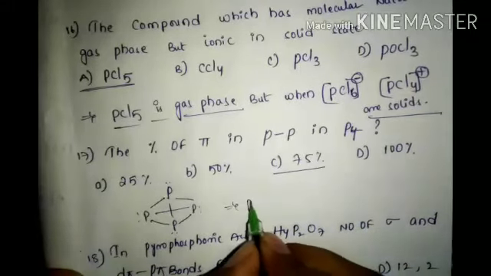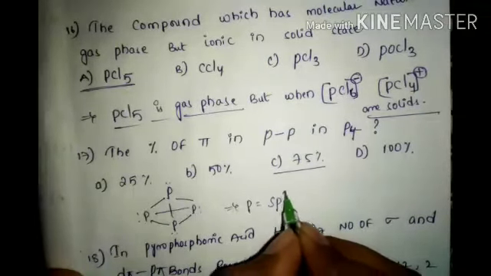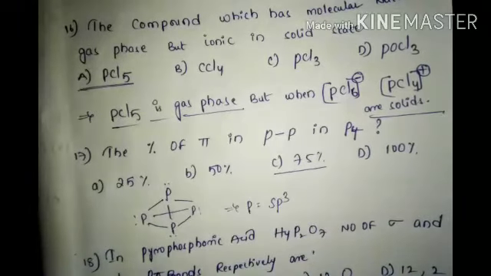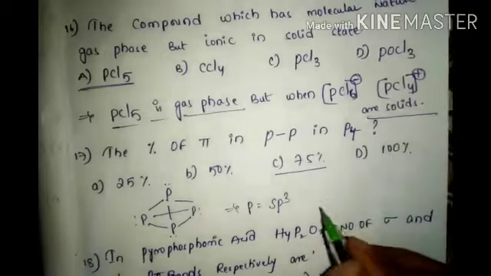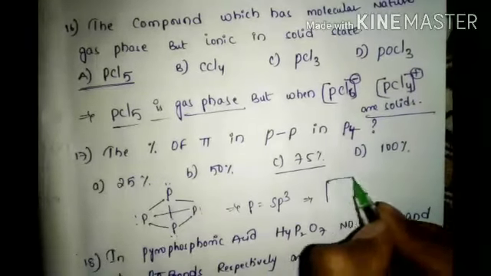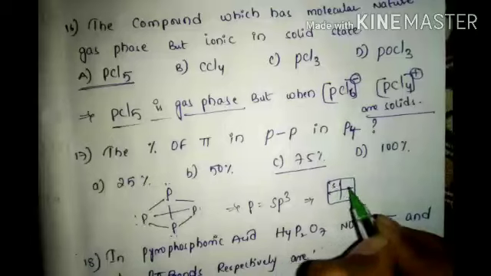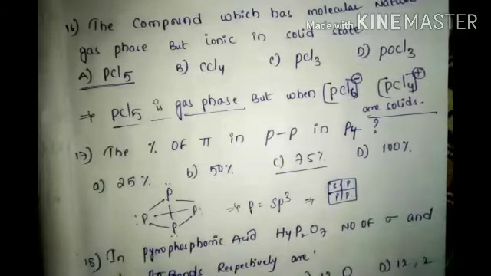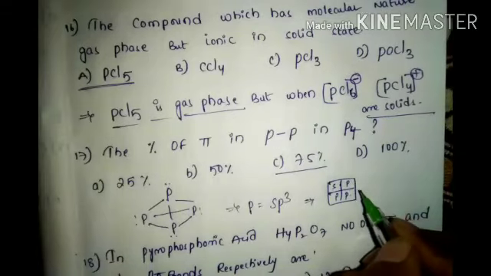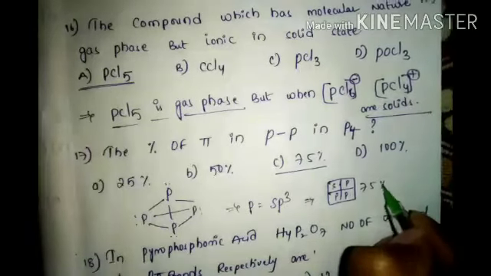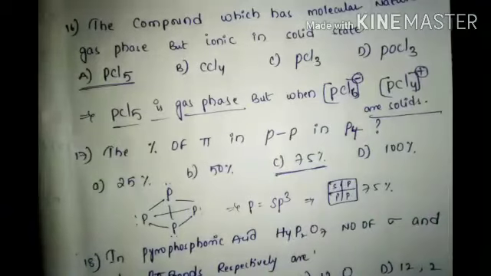So P character is sp3 hybridization. Each P is sp3 hybridized. So sp3 is one S and three P. So total 100%, S is 25%, P is 75%. So option C is correct.